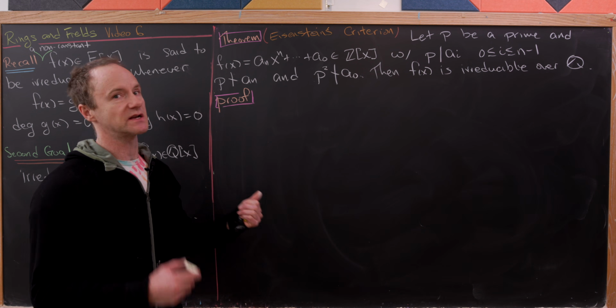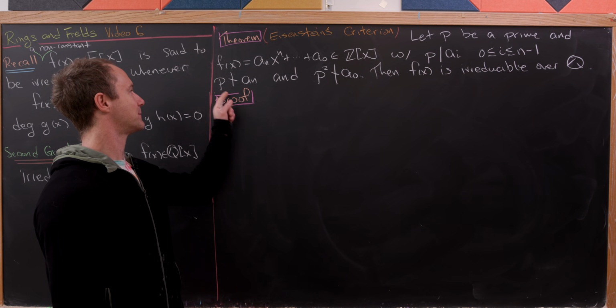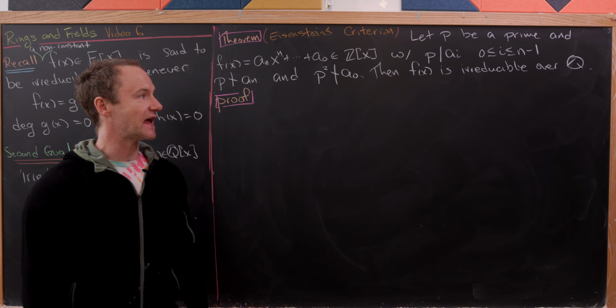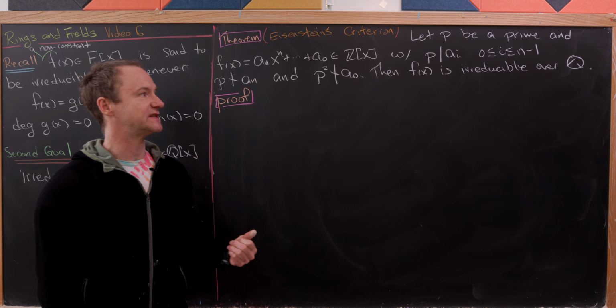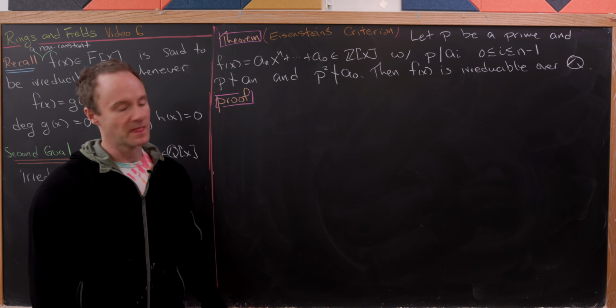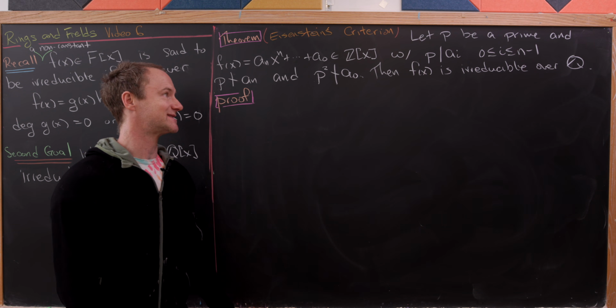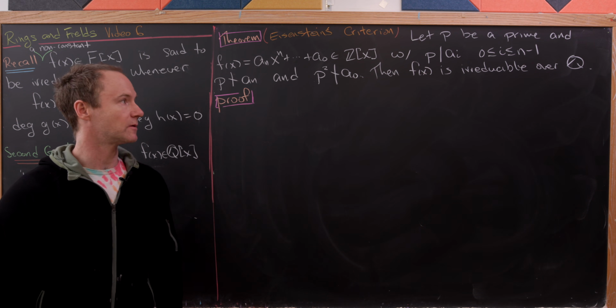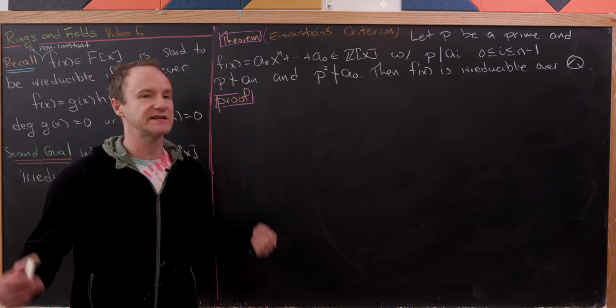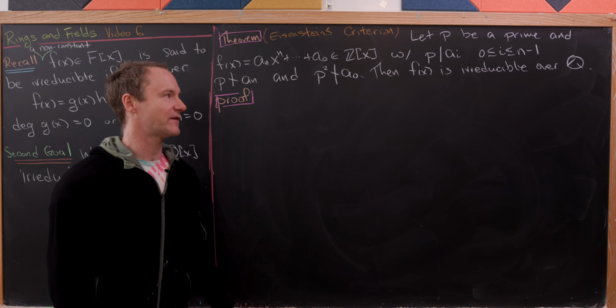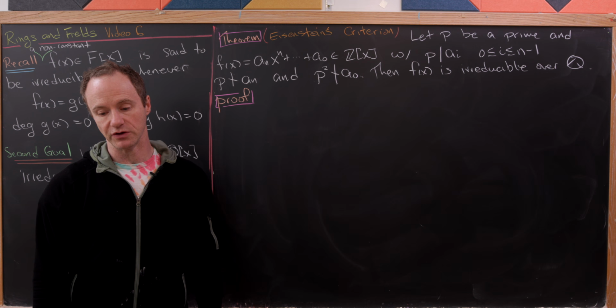Then our assumption here is that p divides a_i, where i is between 0 and n−1. But then p does not divide a_n, and then p squared does not divide a_0. And if you've got all of those things satisfied, that means that f(x) is irreducible over Q.